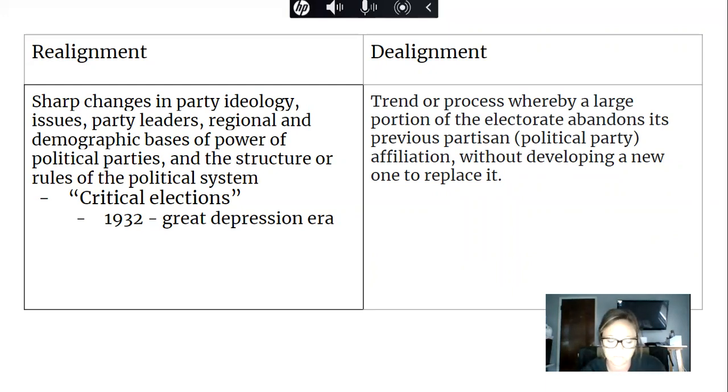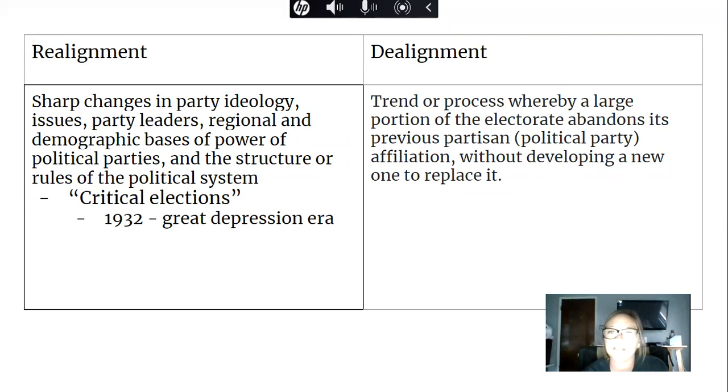He runs on, not the Green New Deal, the New Deal. And so he promises to create all of these public works, all these jobs, helping the economy, et cetera. This is one of those times where we see a little bit of a party realignment where, prior to this, most of the country is what we would consider Republican. And then with the changing of ideologies that happens during this time period, we pull out of the Great Depression, and most of the country is now what we would consider Democrats at the time.